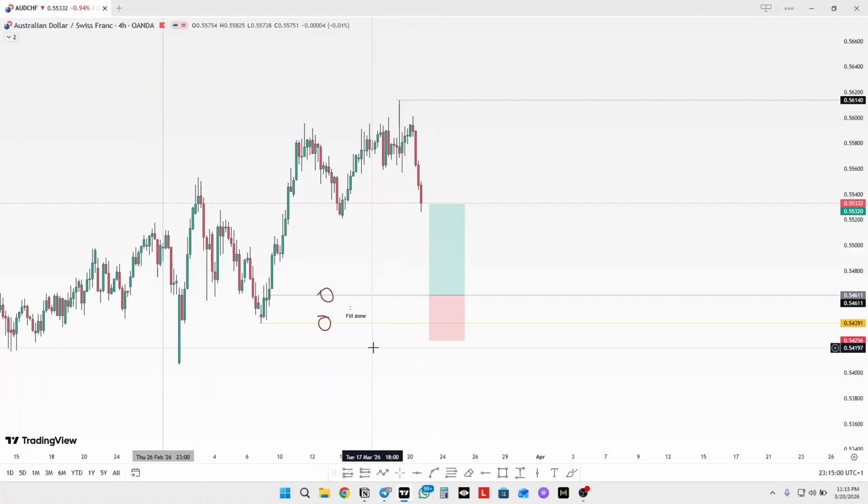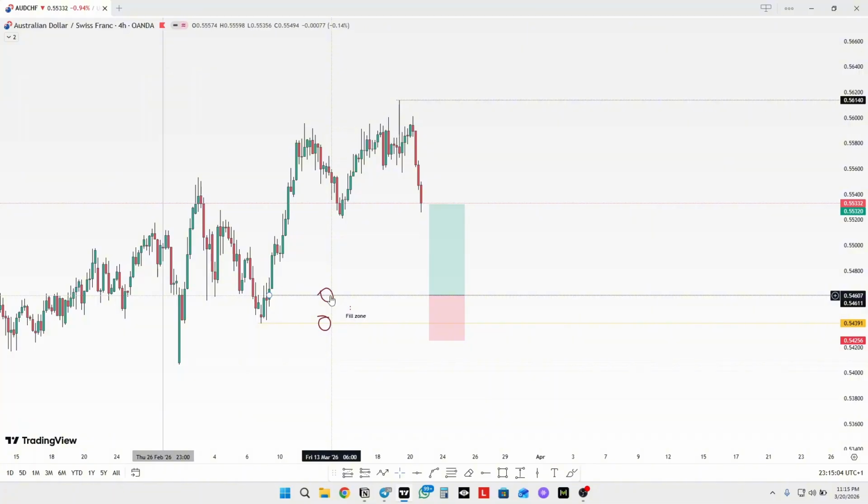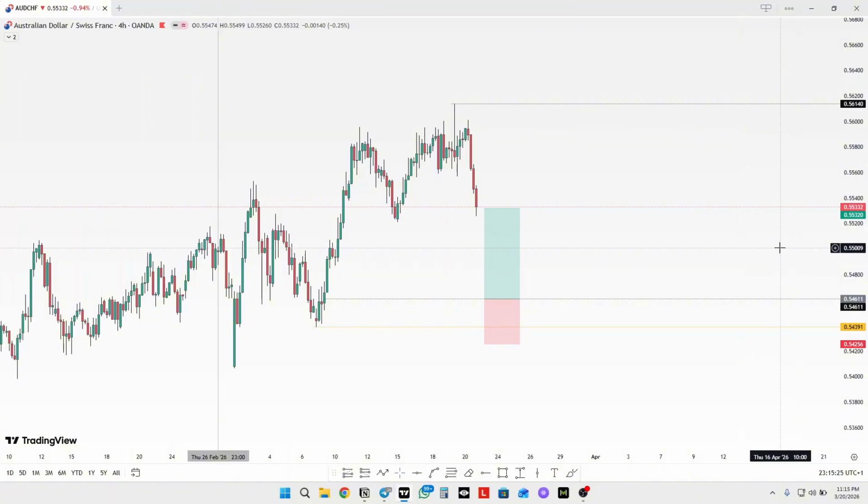So this is where I'm looking at price to fill buyers in this level here to this level here. This zone here is where I think buyers can come in, can fill their buy limits and the rest of that. You understand? So I don't really put this into my chart, but based on experience, that is what I think it does. And yeah, we are done on the AUD Swiss franc.